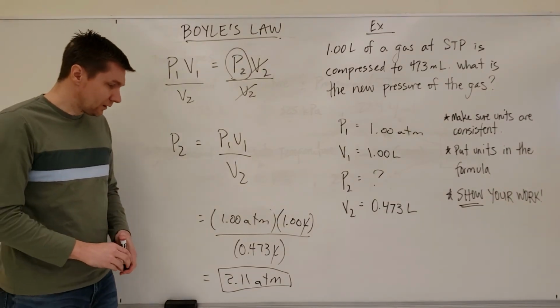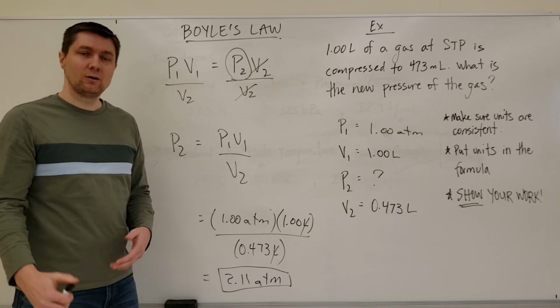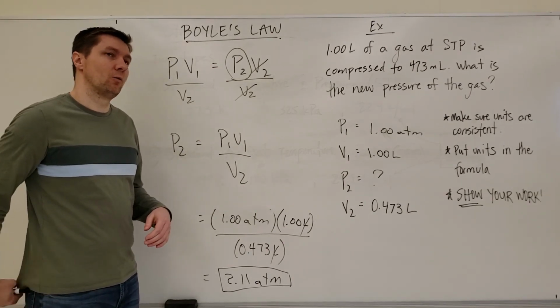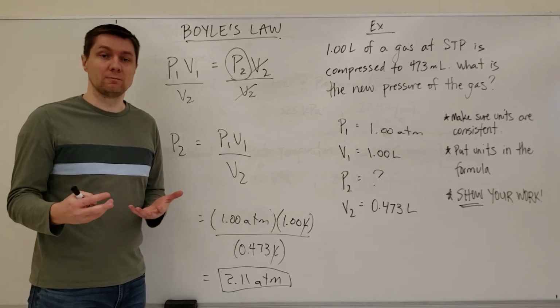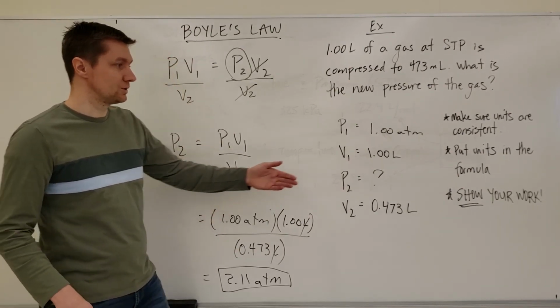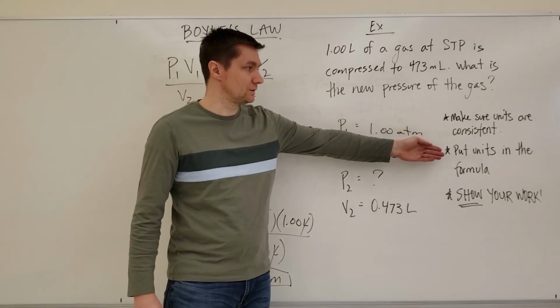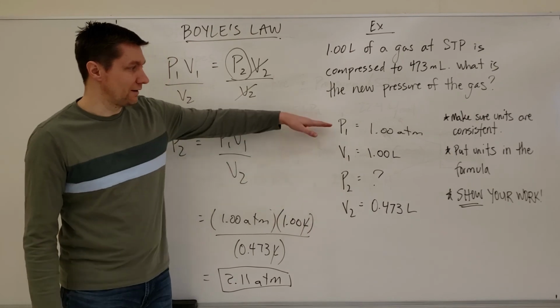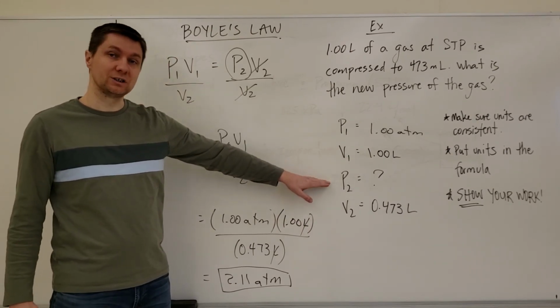So if you're doing a question on an assessment or whatever, and you're wondering what unit you should write your pressure in, remember that for these types of formulas, all you need is for your units to be consistent. If I have liters here, I need to have liters here. If I have atmospheres here, then my answer is going to punch out as atmospheres.